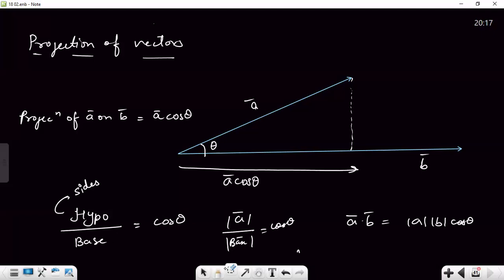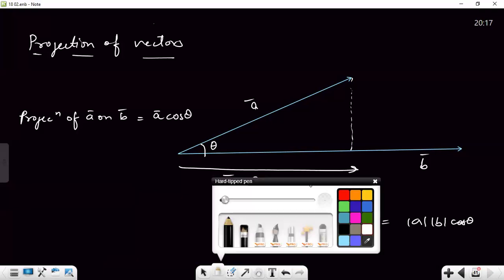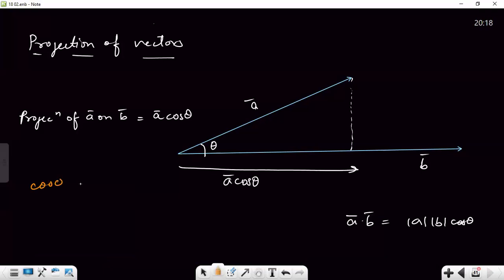I have written everything upside down. Cosine theta is base upon hypotenuse. Let me rewrite. So what is cos? Cos is actually base upon hypotenuse.